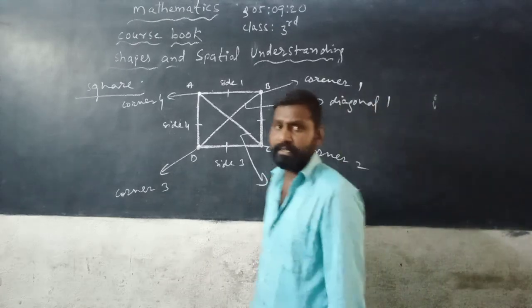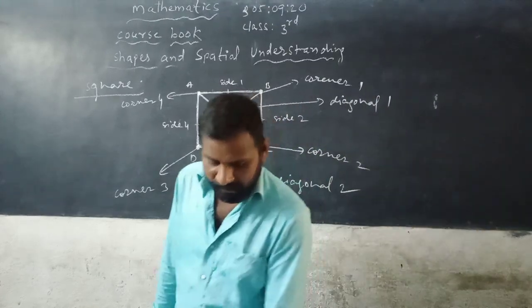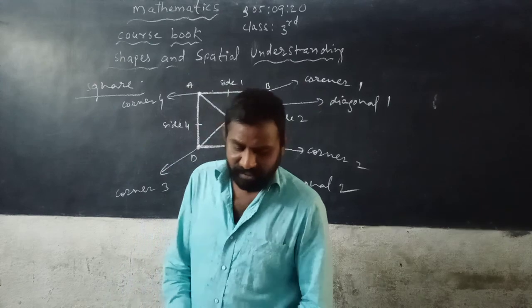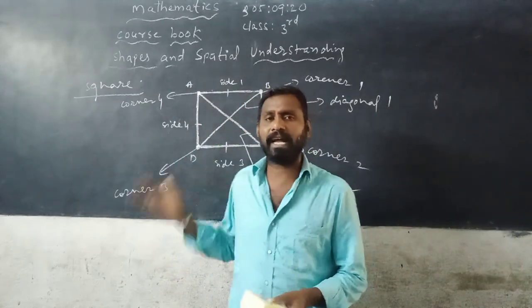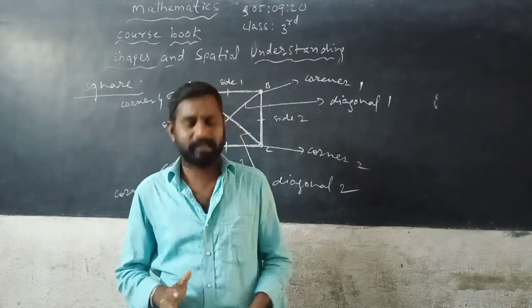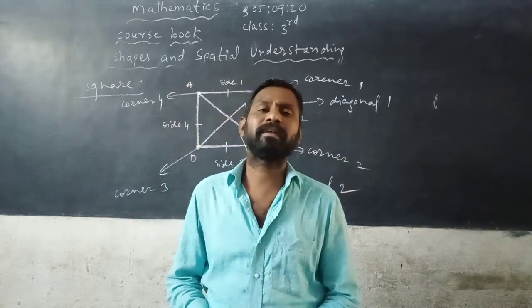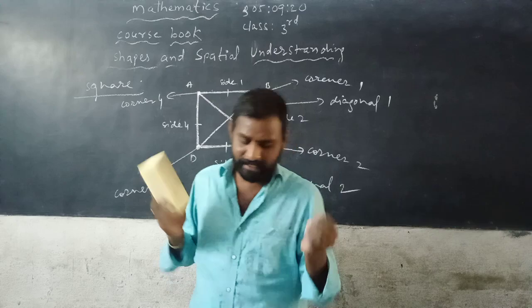Did you understand? This is a square. So what is the difference between a square and a rectangle? In a square, all sides are equal, but in a rectangle, the opposite sides are equal in length. This is the difference between a square and a rectangle.